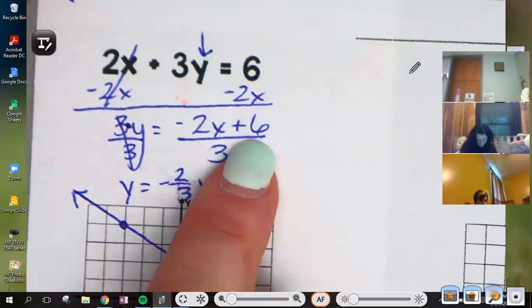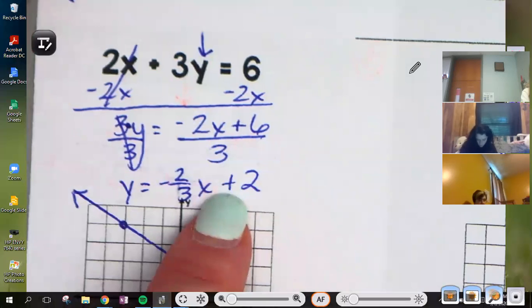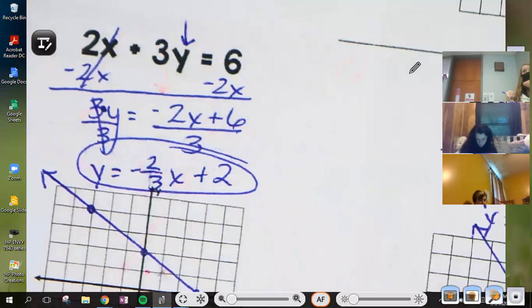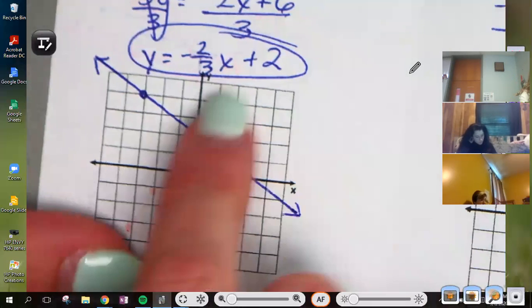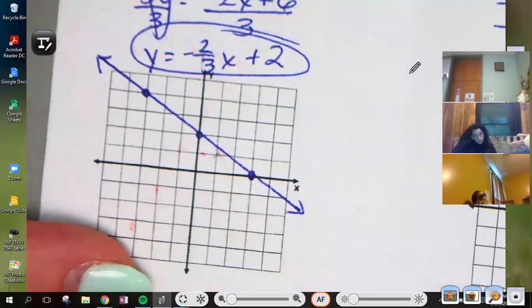And then I have 6 divided by 3 is what? +2. Okay? So there's my equation. Do I know my slope? -2/3. Do I know my y-intercept? +2. So I go to +2, my starting point. I'm going to go down 2 over 3. Graph my line.